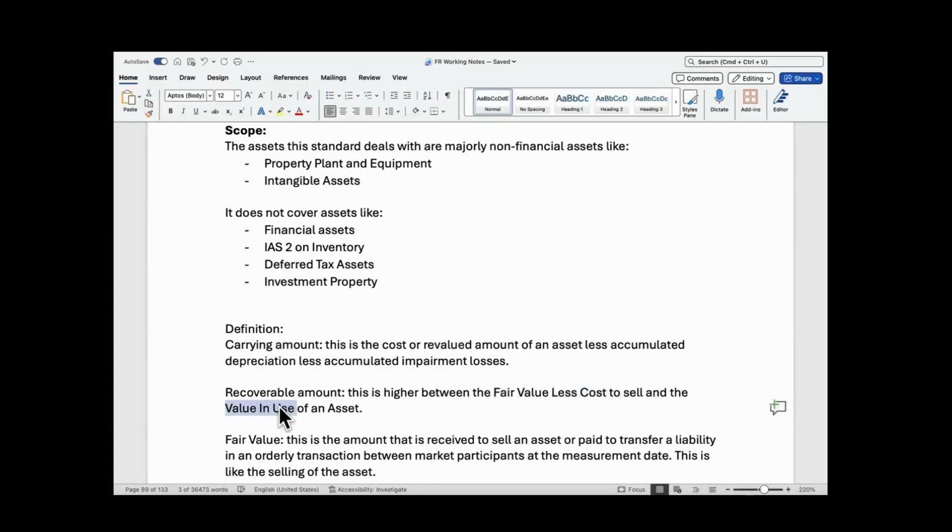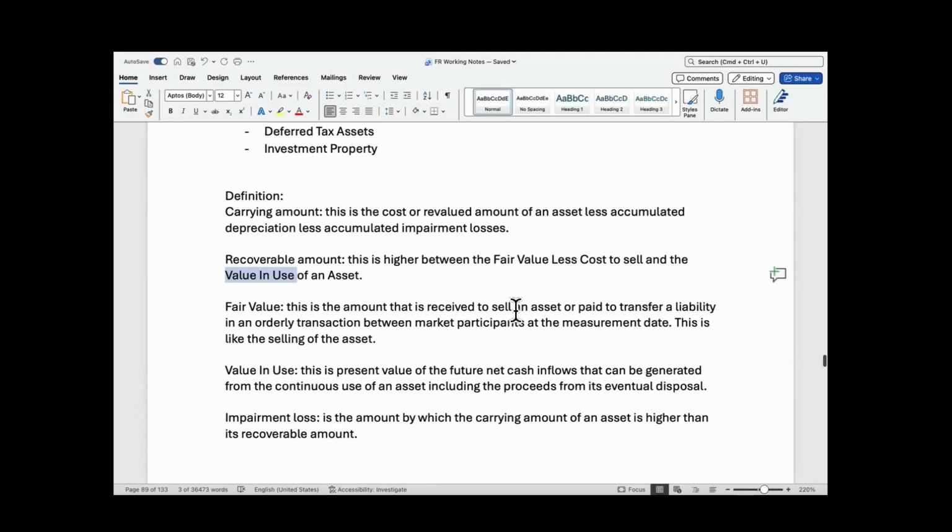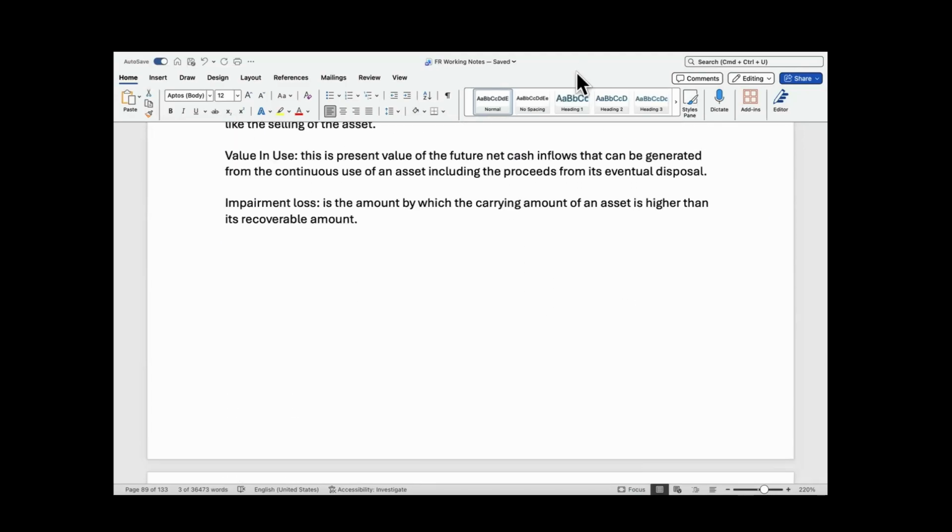So the higher of those two is your recoverable amount. This standard is here to ensure that your assets, PPE and intangible assets, are never above and beyond that amount. Whenever this happens, we say the asset is impaired.